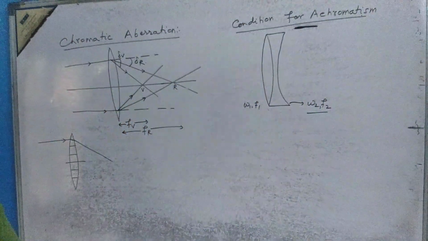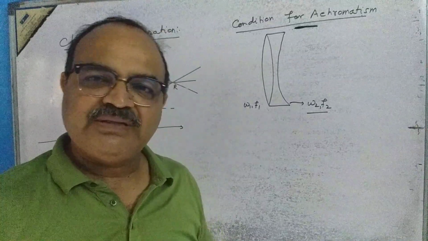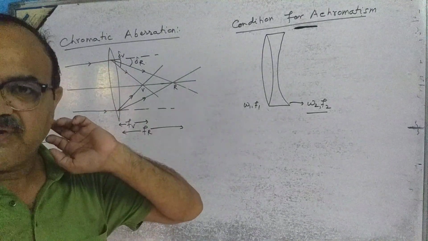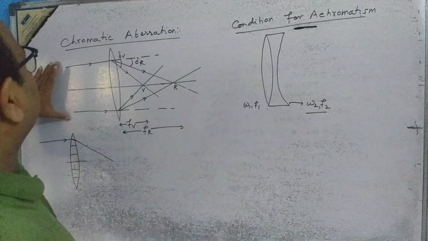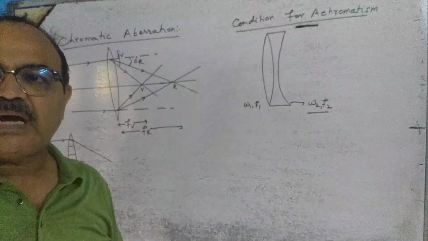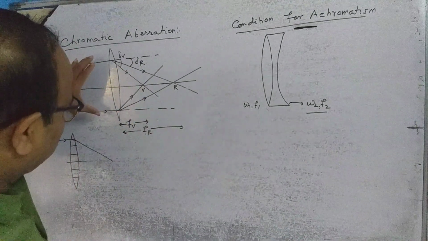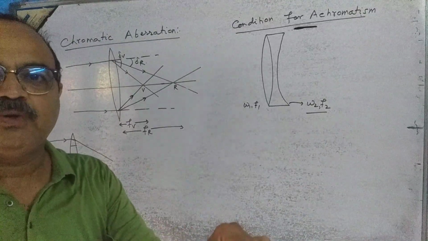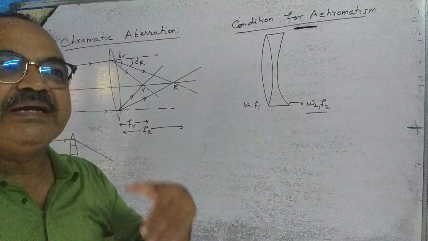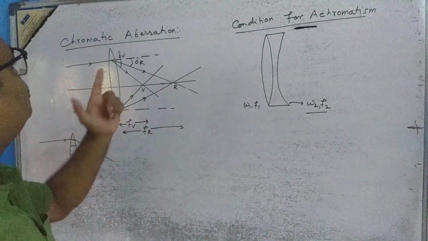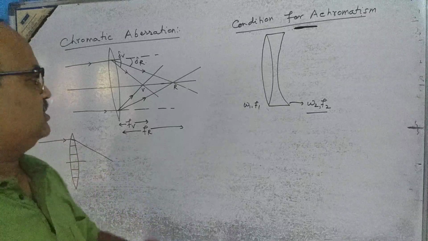Till now, we have seen that when parallel rays of light fall on a lens, they are focused at a particular point. But here the different colors are focused at different points. We have shown two extreme colors.